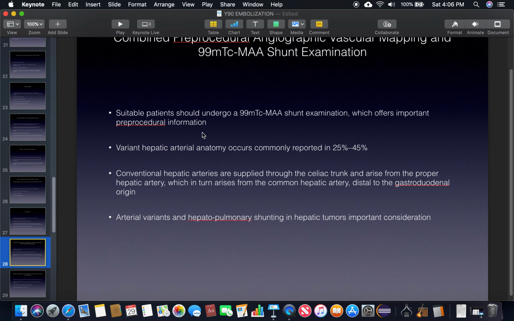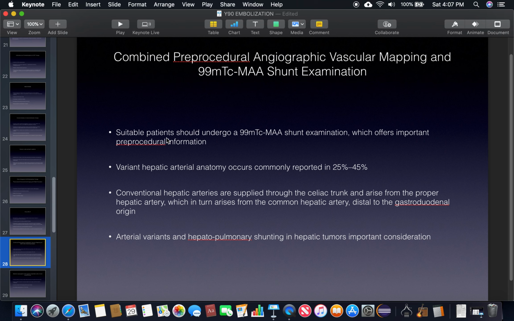Now, I'm kind of repeating the information again. So obviously, one is that we do angiography to map the arteries that are supplying the liver and make sure there is no variant anatomy. And then, of course, we also use MAA to ascertain where there is shunting to the lungs, and if there is variant anatomy, which is typically seen in about 25 to 45% of the patients.